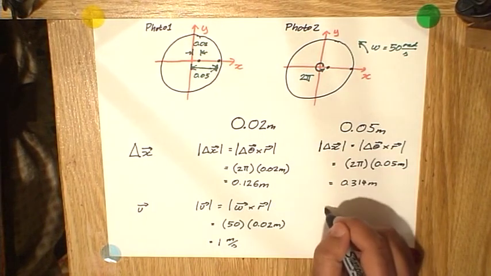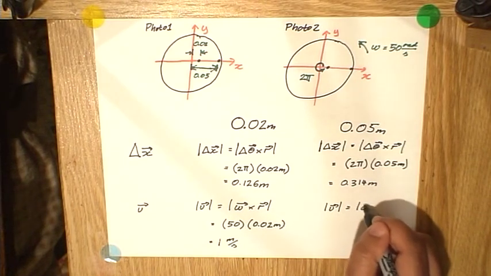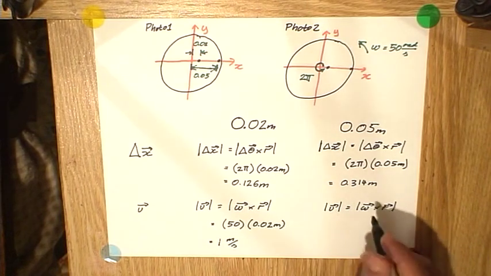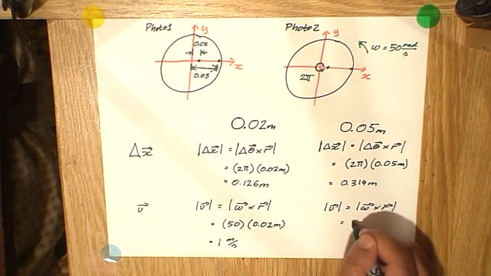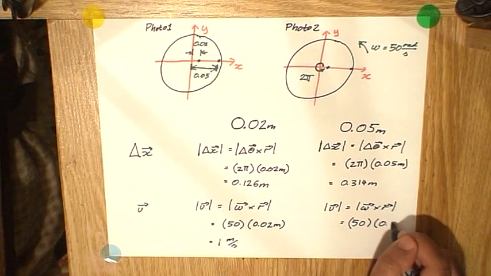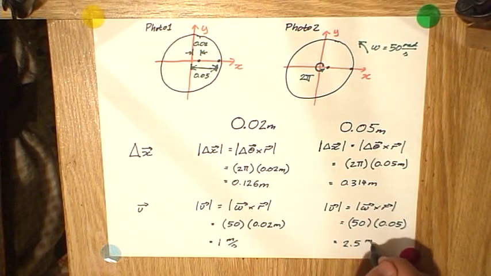What about the outer spot? The linear speed of it can be solved in the same way. That's going to work out to 50 radians per second multiplied by its radius, which is 0.05. And that's going to work out to 2.5 meters per second.